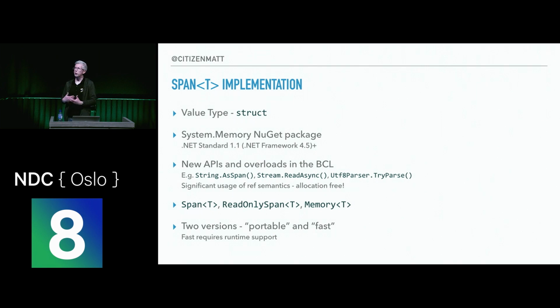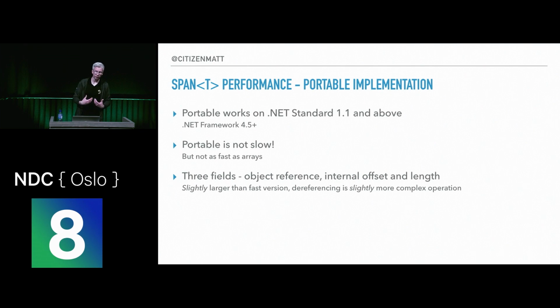The fast version requires runtime support, but it's important to say that the portable version is not slow. It's not as fast as arrays, but it's still good. Just because it's portable doesn't mean it's slow. So this works on .NET Framework 4.5 and above as part of .NET Standard 1.1, which is old now, and with .NET Core 3 and .NET 5 could mean anything.